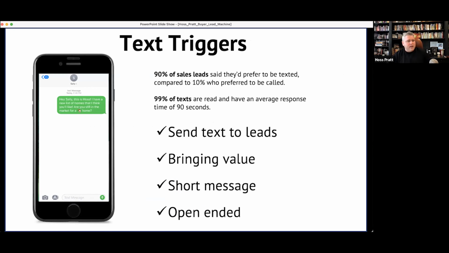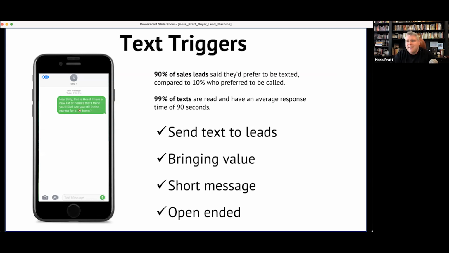Here's why. I love texting because 90% of sales leads said that they prefer to be texted. Think about it. If your phone rang today and you didn't know the number, would you answer it? I'm just going to guess, probably not. And if they texted you, would you reply? Well, that depends on what the text said, but probably.